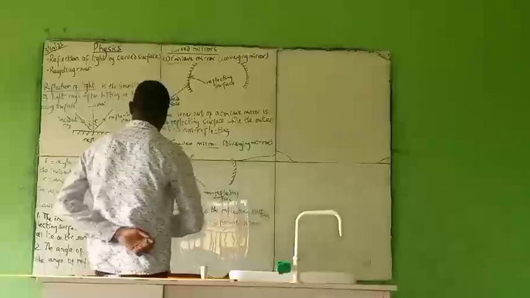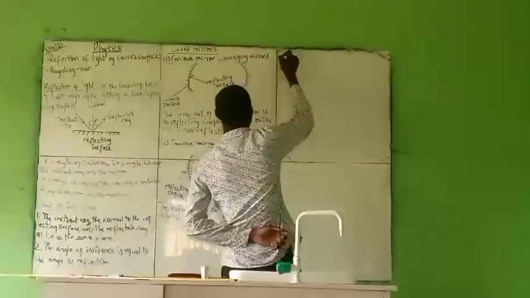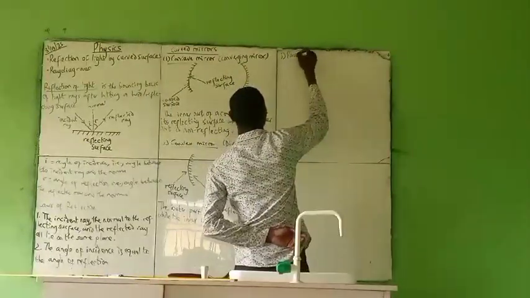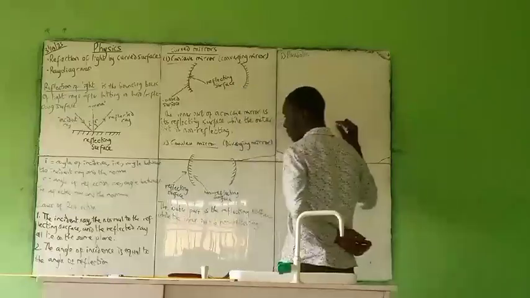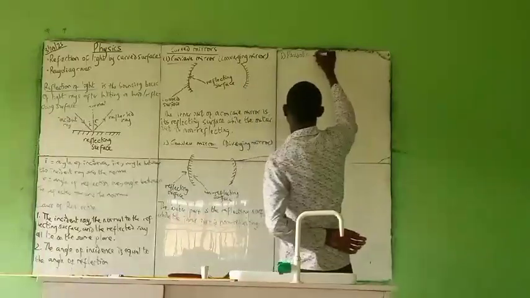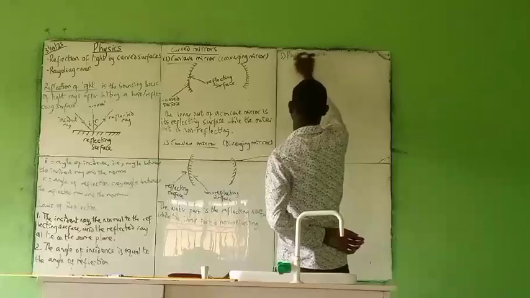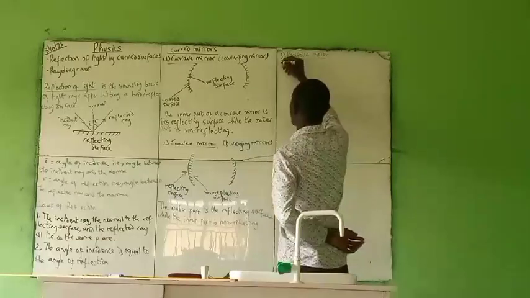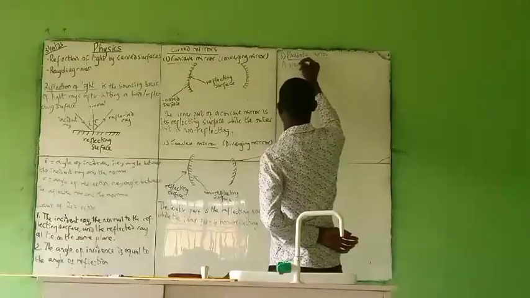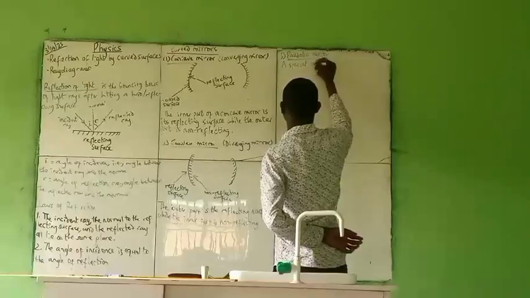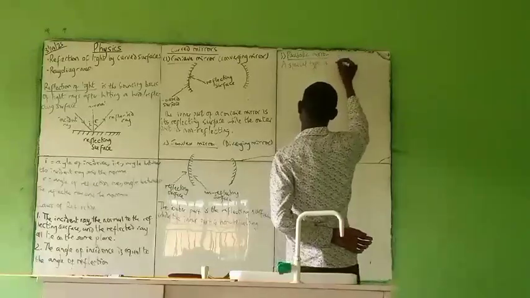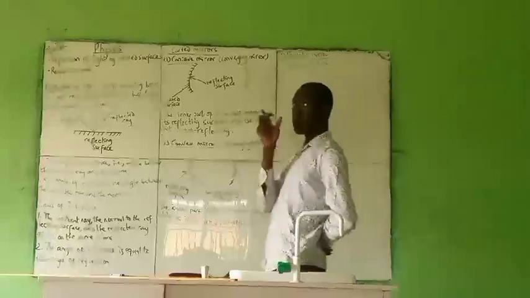So that is it. Next we have parabolic mirrors. These give parallel beams of light. It is a special type of concave mirror. It's parabolic in nature, in the form of a parabola.